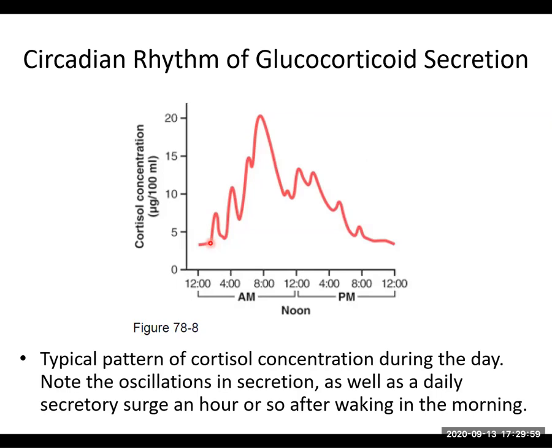It's very low during the night and it peaks at about 8 a.m. in the morning. So that means that it's basically related to the stress, right? In the morning, you wake up and you need to face the world. You need to deal with a lot of stress.